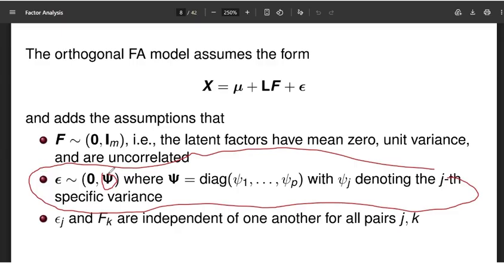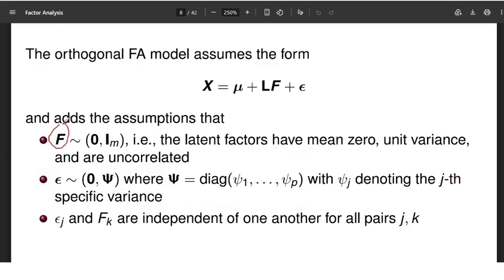We also have another assumption. Now let me tell you this. This guy is unobserved. Error is always unobserved. Therefore, we need an assumption connecting the two. Since error is unobserved and the factor is also unobserved, we expect them to be independent of each other.